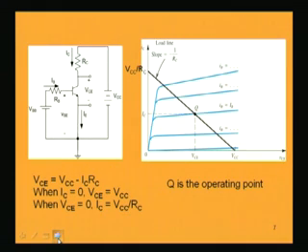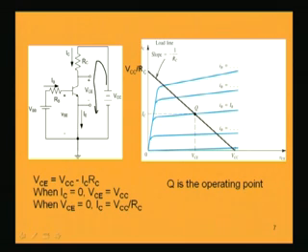Now, similarly in the output circuit, if I want to draw the load line and find out the operating point, I must join these two maximum points. That is very easily obtained from the output circuit. If I apply Kirchhoff's voltage law in this loop, VCC minus ICRC minus VCE is equal to 0.